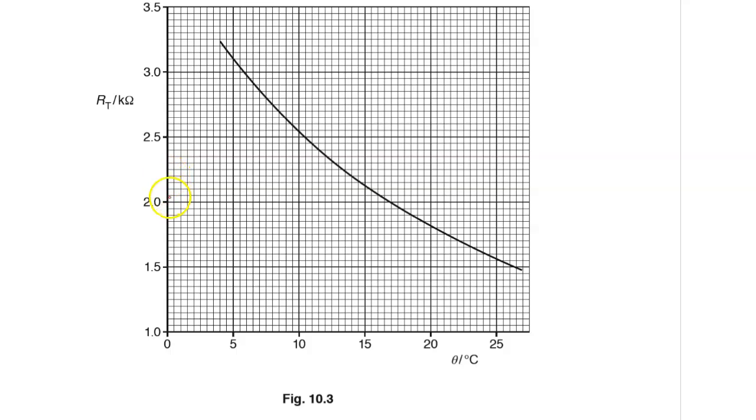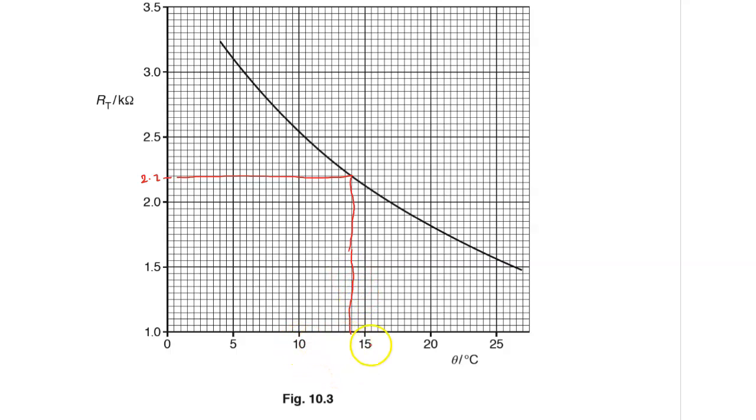So 2.2 is somewhere there. You draw a straight line up to the graph there. Then you bring the line down to get to the temperature.